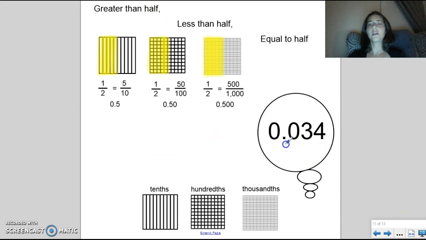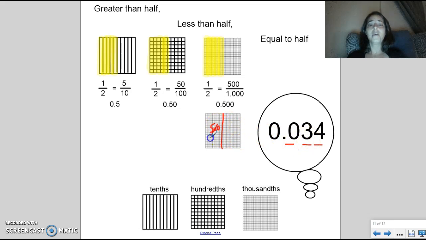Ooh, this is a good one. This is 34 thousandths. So I'm going to have to grab that crazy thousandths frame. And if you remember, we talked about an amount that's pretty big to make half. If I'm going to chop this guy in half, it's going to take 500 of these little thousandths to make half. But I don't have 500.